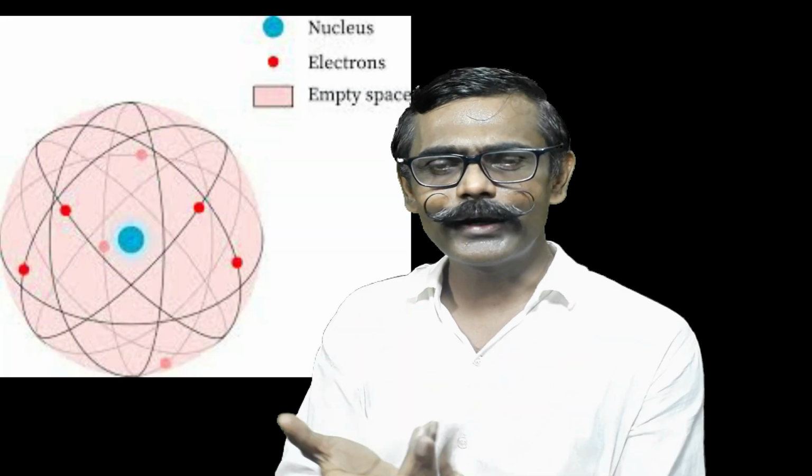So if the nucleus is there at the center, then where will the electrons be? By the way, one Japanese scientist also put forward the idea of a satellite model. So Rutherford also put forward his model.